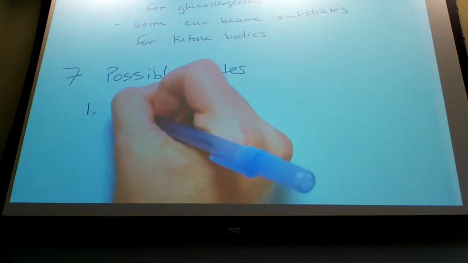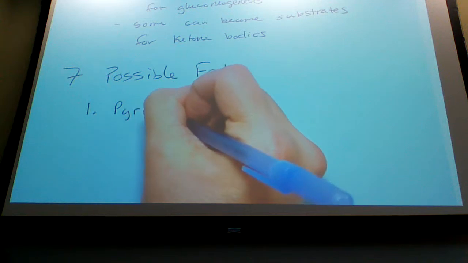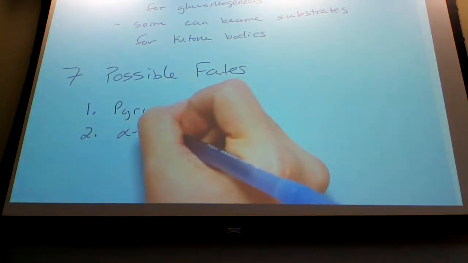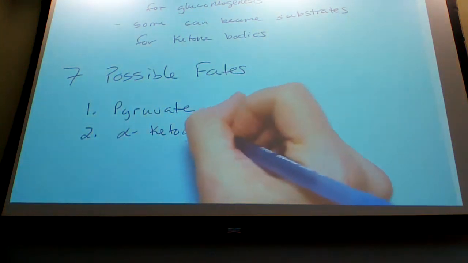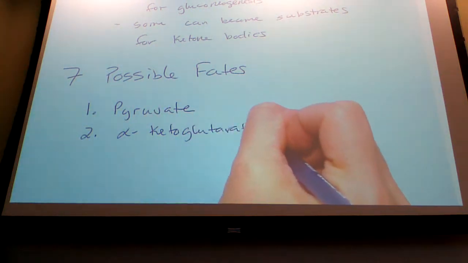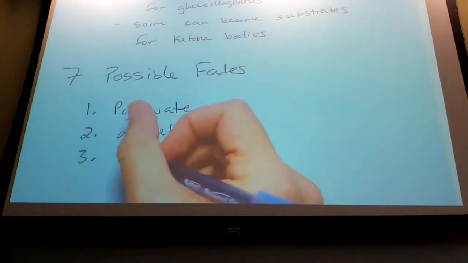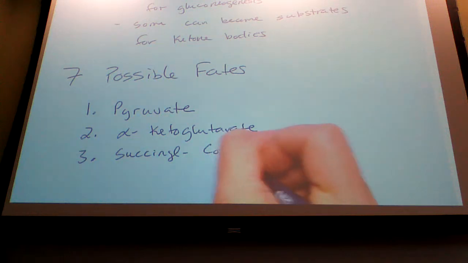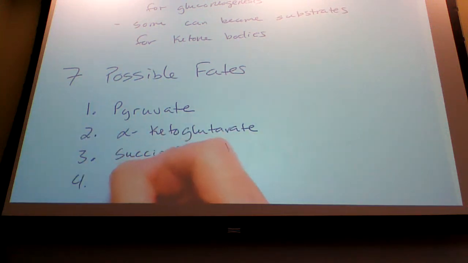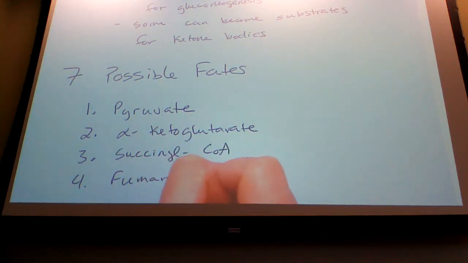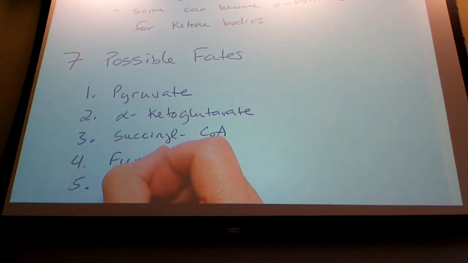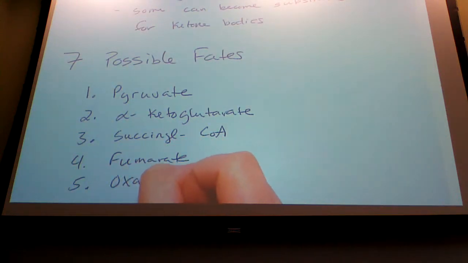One gets converted to pyruvate. 2 gets converted to alpha ketoglutarate. 3 gets converted to succinyl coenzyme A. 4 gets converted to fumarate. 5 gets converted to oxaloacetate.